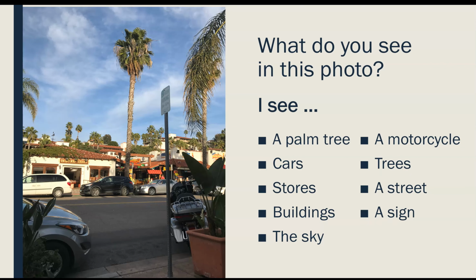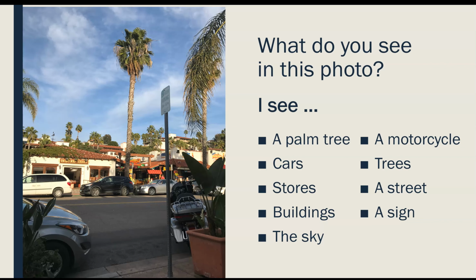Okay, so here we actually have a lot of things in this photo, right? So before we only saw the trees and the streets, but now if we take time, we can see, okay, there's different items. There's like that sign right there, and oh, there's a motorcycle, not only cars, there's different things.